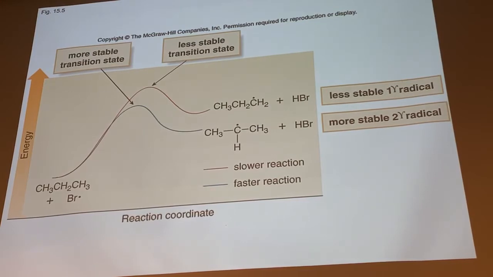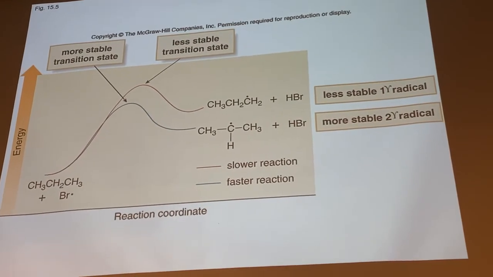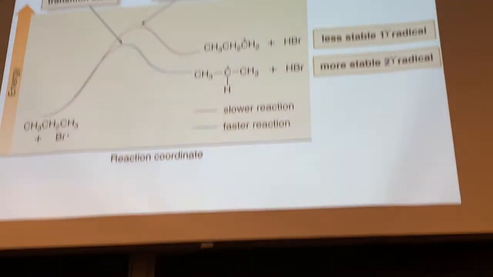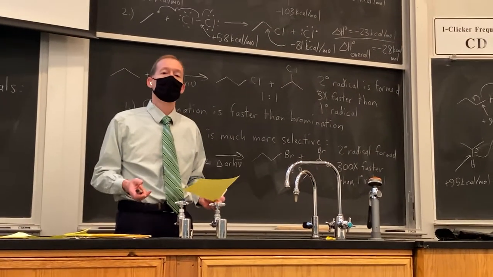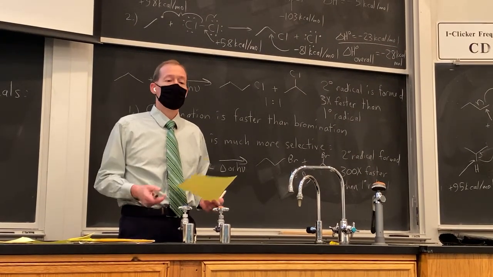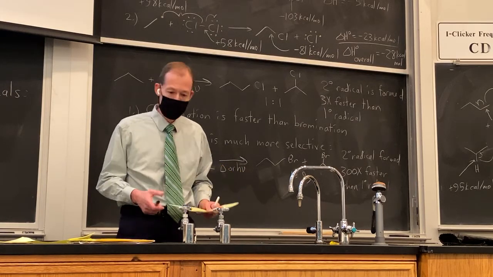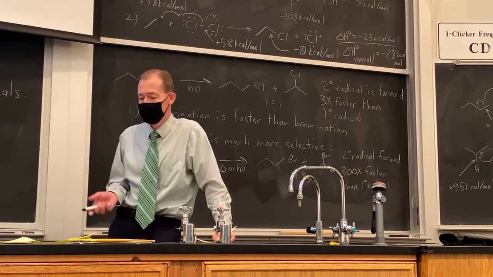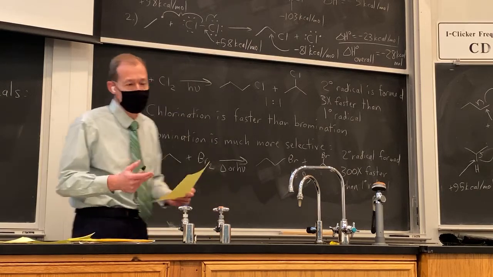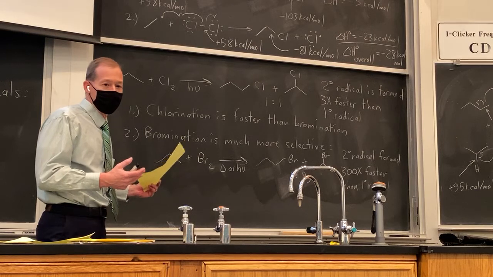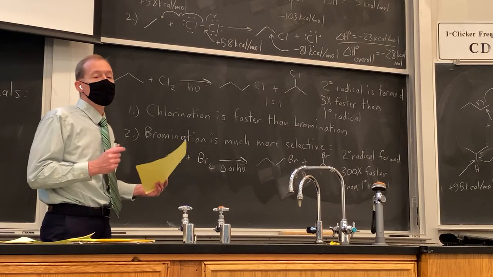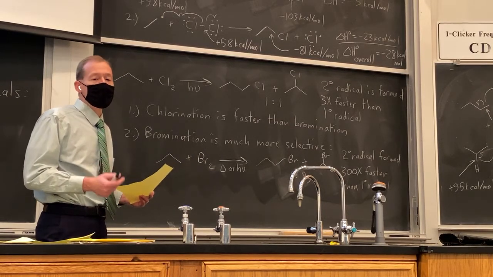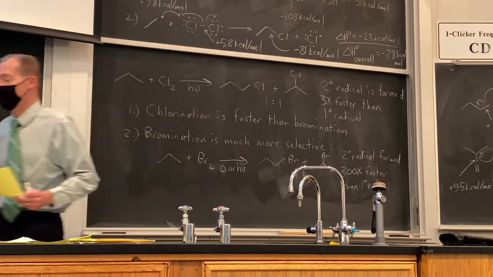So, to understand the differences between chlorination and bromination, the fact that chlorination gives all possible products in roughly equimolar amounts, whereas bromination is selective for the more substituted product, we have to understand Hammond's postulate. So this is a good review of Hammond's postulate. And we also have to analyze the energies, the delta H of those first propagation steps and recognize that they are exothermic in the chlorination and endothermic in the bromination.